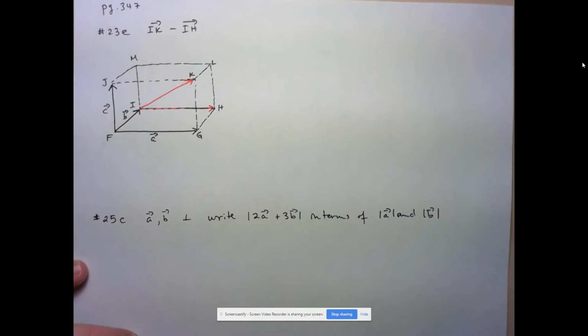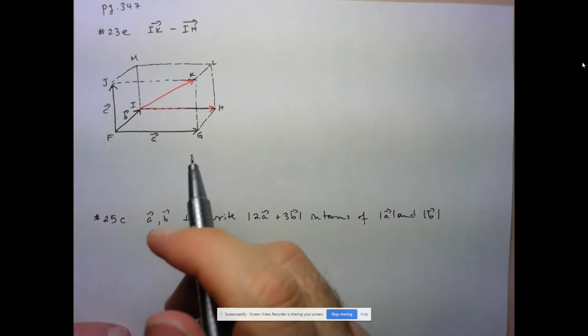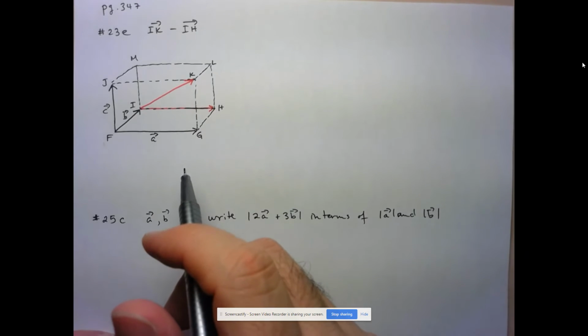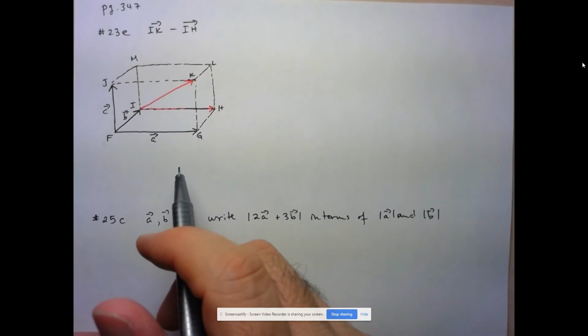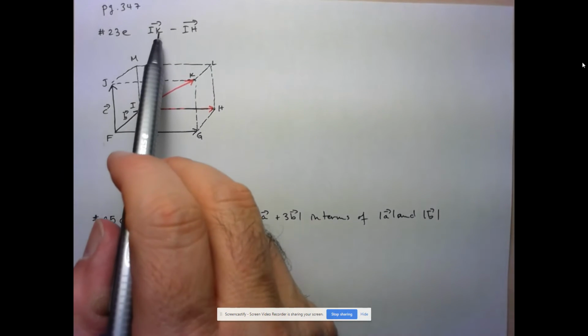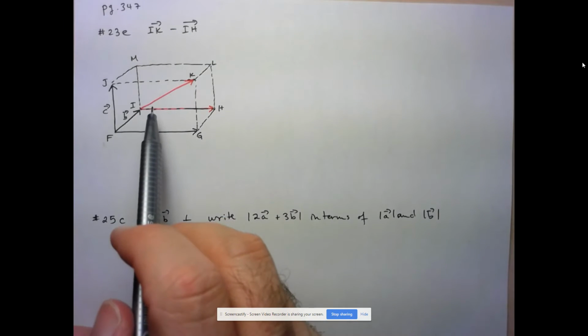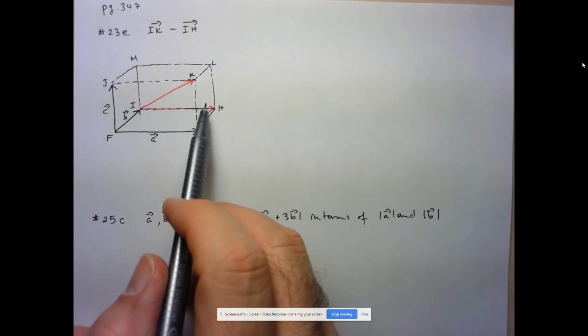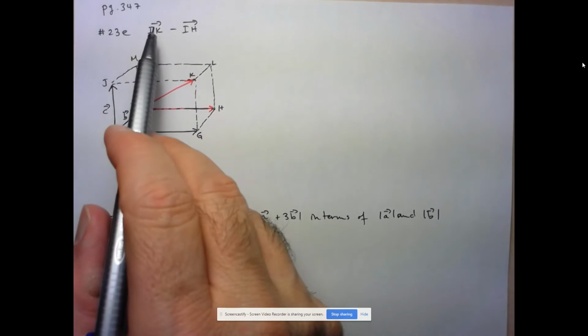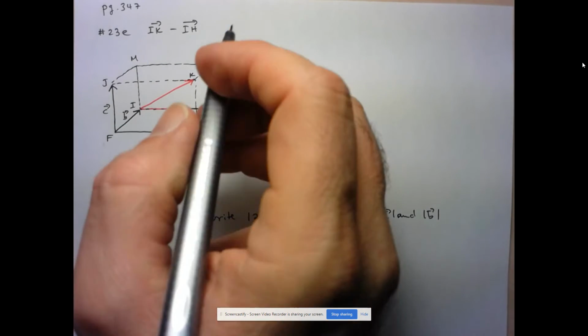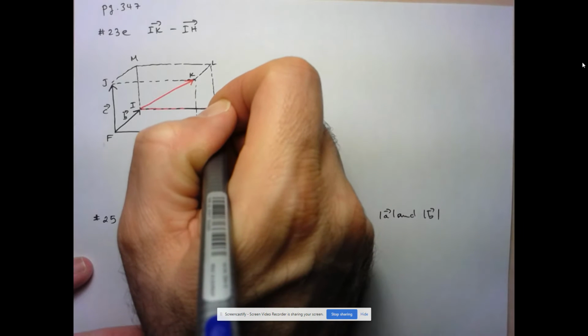Since we're trying to find the subtraction between them, and these two vectors are placed tail to tail, the subtraction is just going to join the two tips. So we just have to figure out which direction it's going to be in. Remember, when we subtract vectors that are tail to tail, the vector it produces joins the tip, going from the tip of the second to the tip of the first. So it's going to be from H to K.